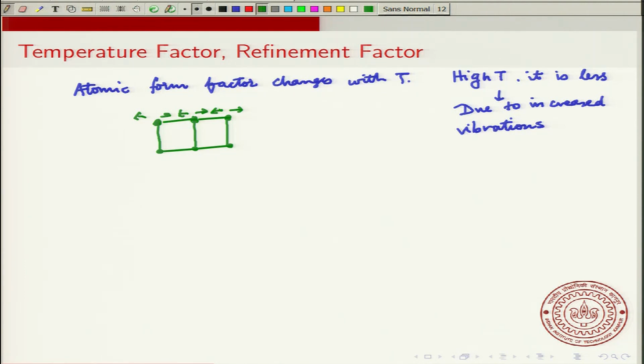And this leads to a lowering of the structure factor, and this is given by this temperature factor. Typically an expression is written that the atomic form factor at some high temperature is the atomic form factor at 0 temperature multiplied by exponential of minus b sine square theta by lambda.